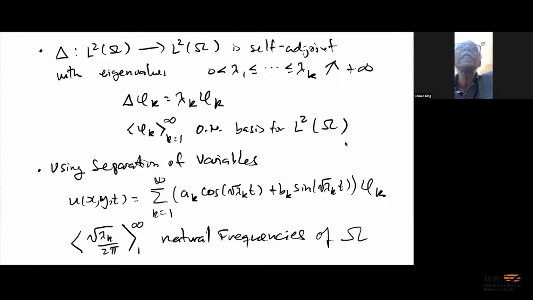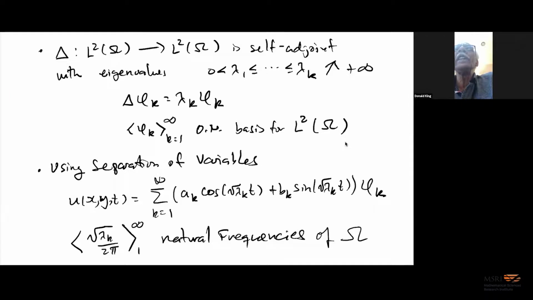So as I said, using separation of variables, we get this well-known expression for u of x, y, t involving those eigenvalues and the trig functions, cosine of square root of lambda k t and sine of square root of lambda k t. And the quantities that you get from these eigenfunctions give us what's often called the natural frequencies of omega.